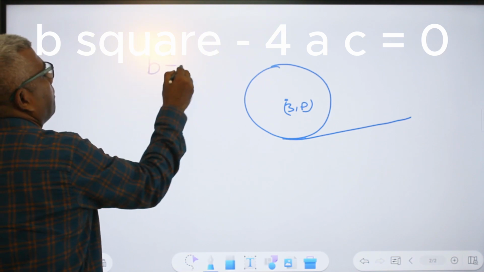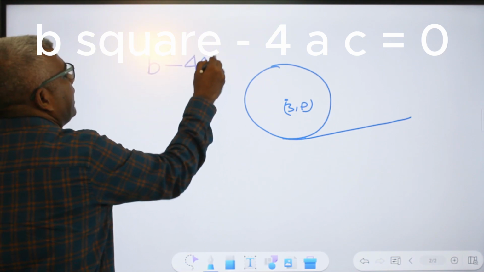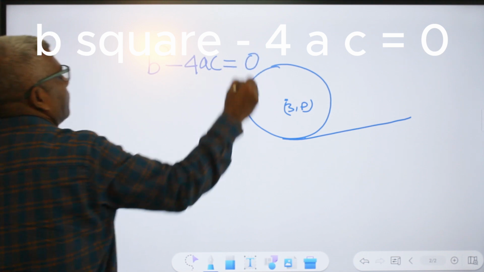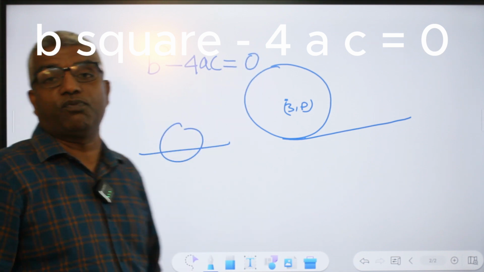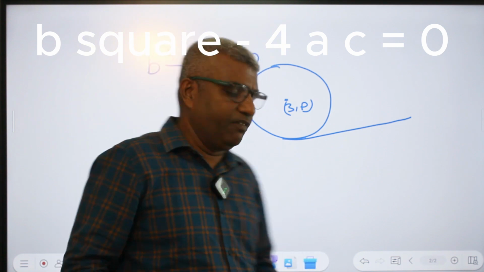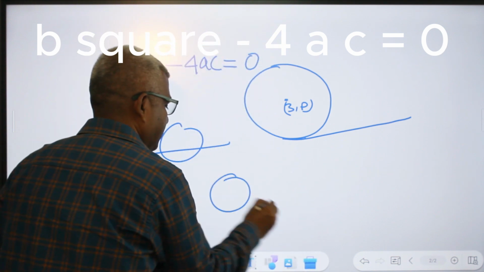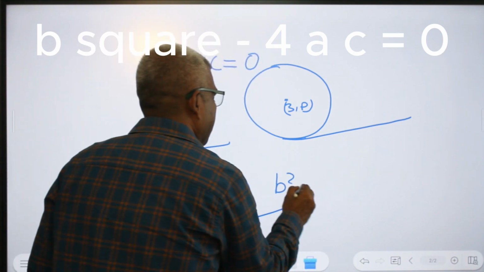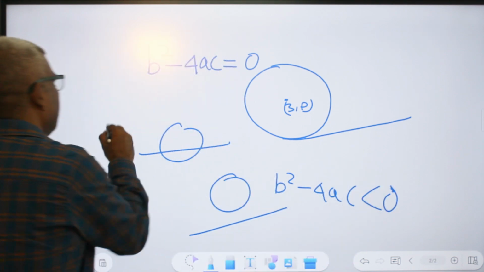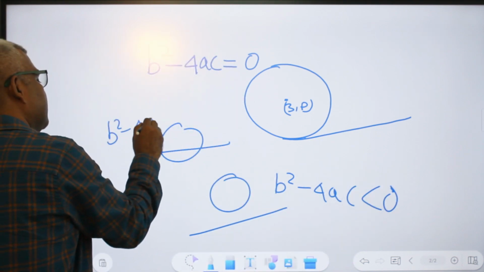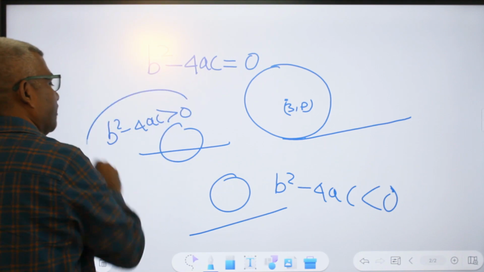B squared minus 4AC is equal to 0. If it is cutting at two places, B squared minus 4AC is greater than 0. If it doesn't cut the line at all, B squared minus 4AC is less than 0.